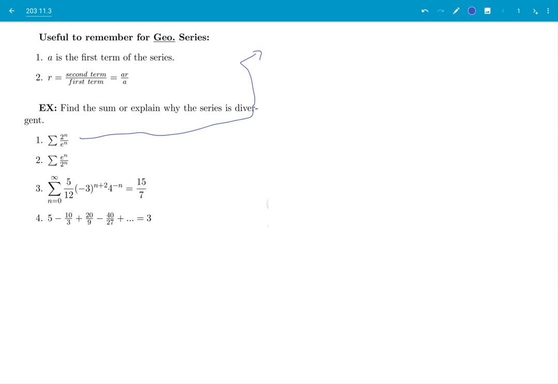Okay, what do we got here? We got 2 over e plus 4 over e squared plus 8 over e cubed plus dot, dot, dot.